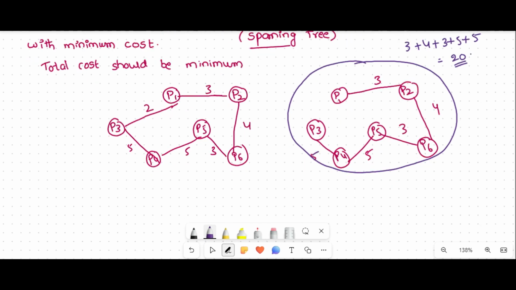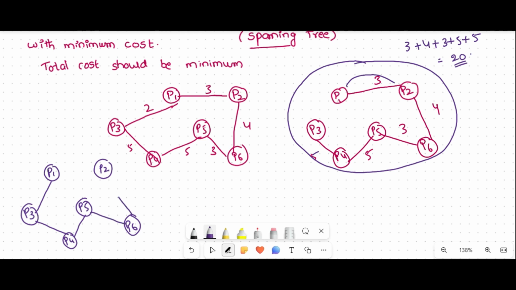We can also travel in another way. First I am writing all the vertices, because the number of nodes in the tree equals the number of vertices in the graph: P1 to P6. Previously we visited in this direction; now I am visiting P1 to P2, then P3 to P4, then P5, with weights 4, 3, 5, 5, 2.